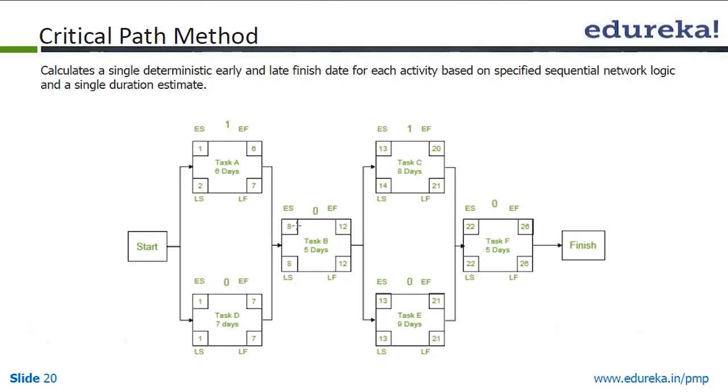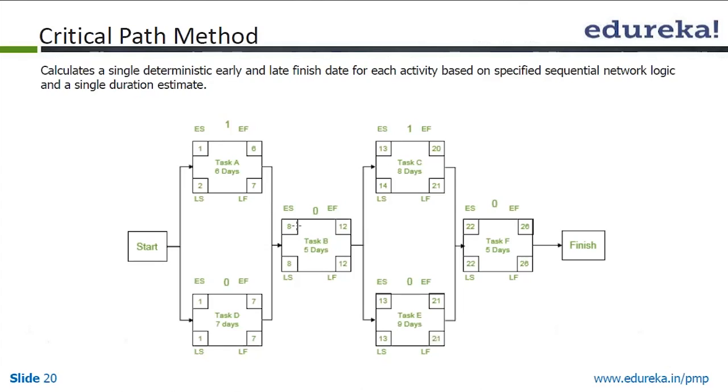then we will go back and calculate the backward pass. The first thing that we do is, whatever is the early finish of the last task, we put that same figure as the late finish of the same task. Now we minus the number of days. So 26 minus 5 is 21, plus 1 is 22.